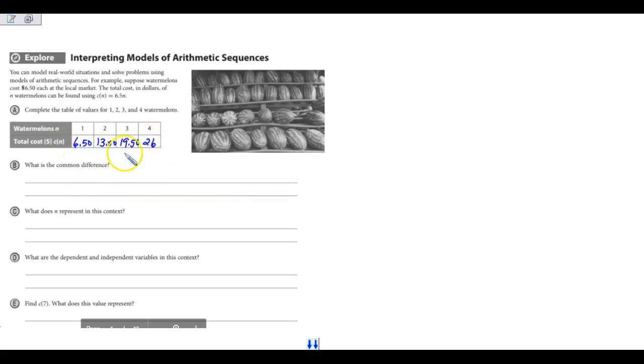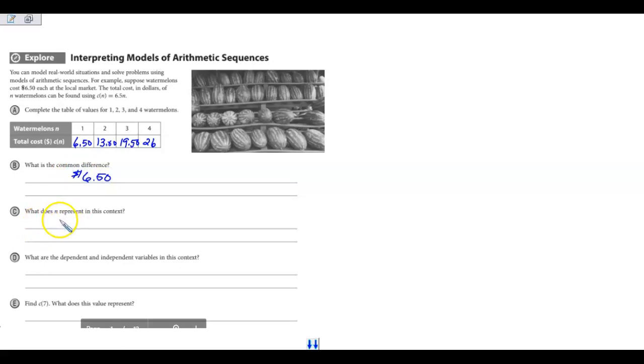So when we're taking a look at this and we want to know what the common difference is, if we take $13 and subtract $6.50 from it, we are going to get $6.50. If I take $19.50 and subtract $13 from it, we're going to get $6.50. So my common difference is $6.50. That's my common difference.